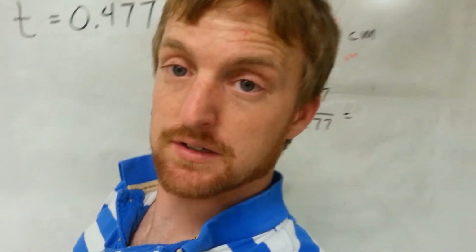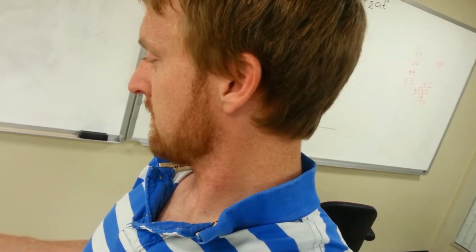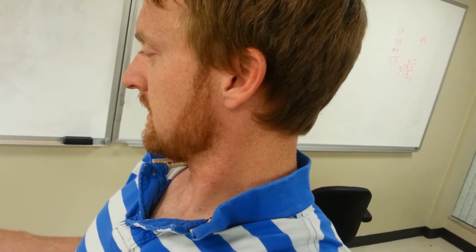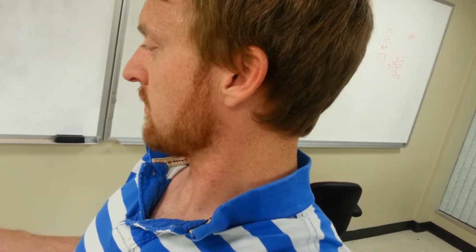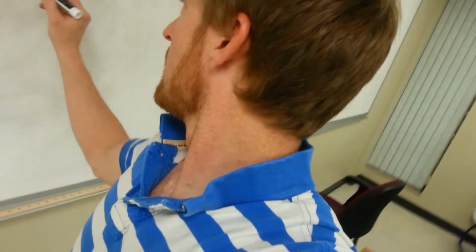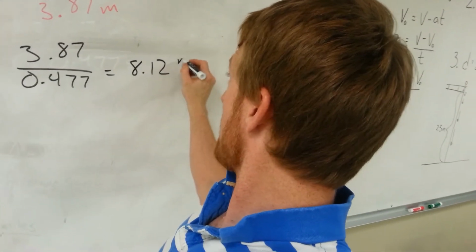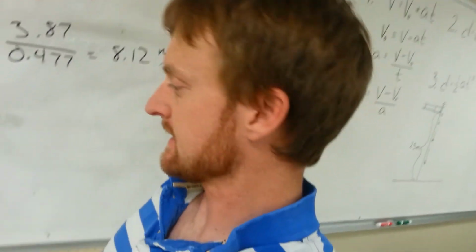I can't actually do that off the top of my head. We have a calculator, and I say 3.87 divided by 0.477 is equal to 8.12. 8.12 meters per second. Kind of close. Not really.